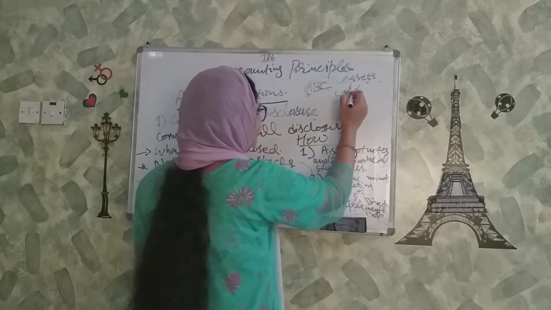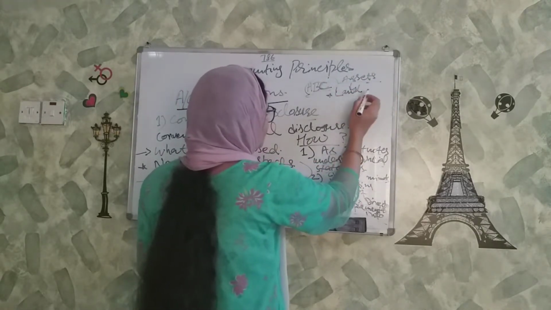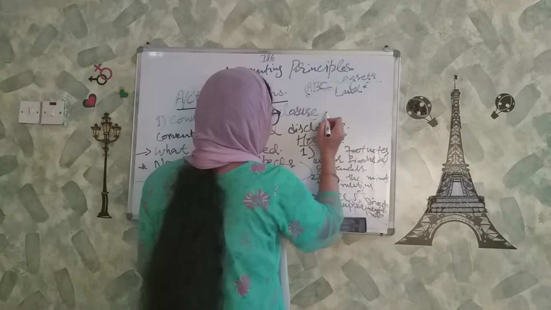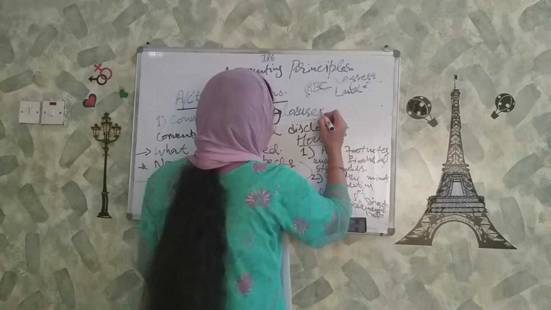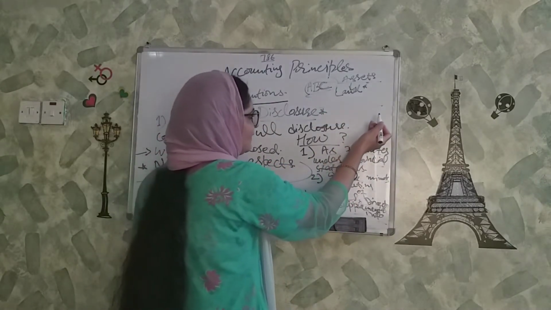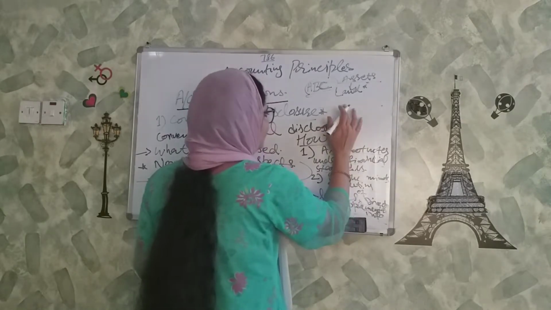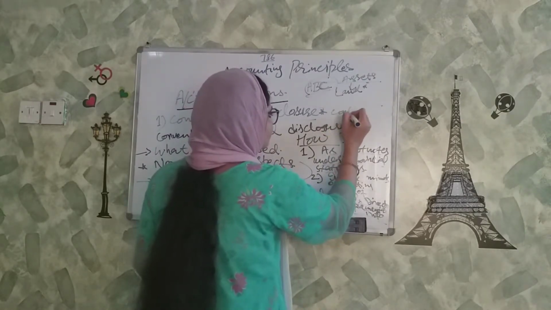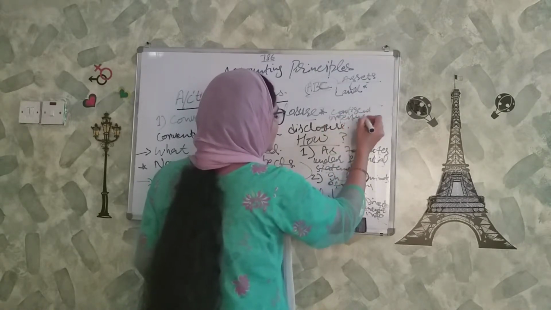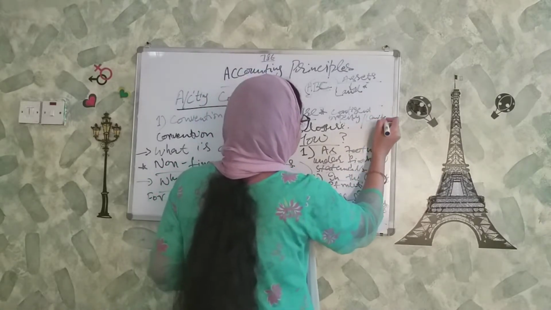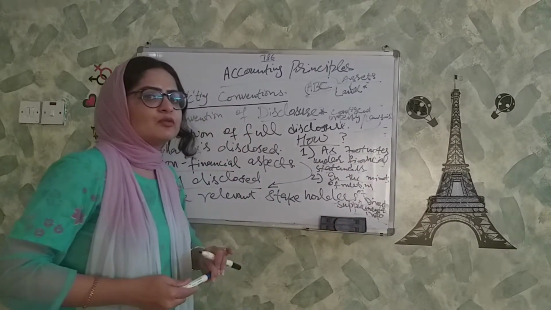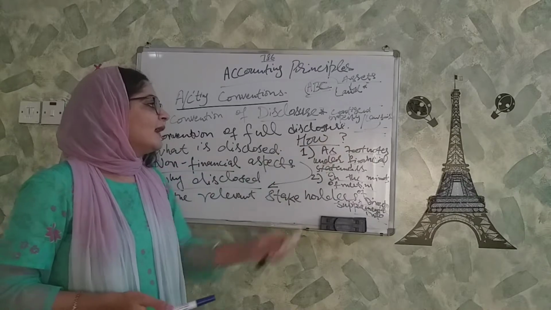So when we show that piece of land in the assets column of the balance sheet, an asterisk mark will be put here, or if it is marked as 1, 2, 3, as a footnote there will be written that it is contingent property, or that there is a lawsuit continuing in the court of law, and the case number is so and so.